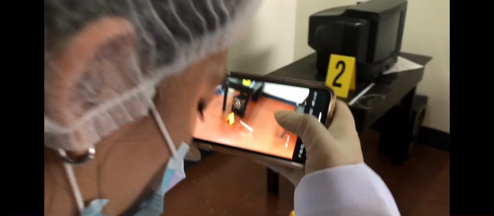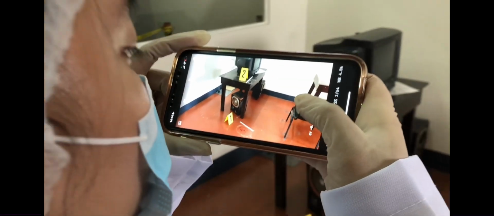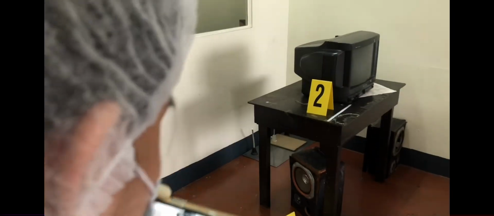Now that the evidences are collected, take a medium view of the group of evidences.